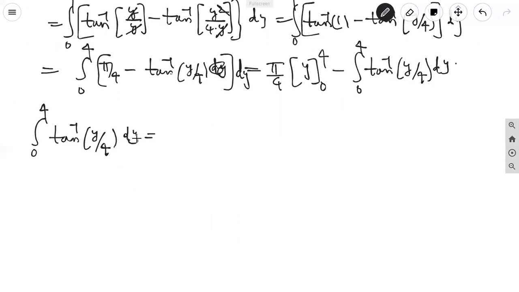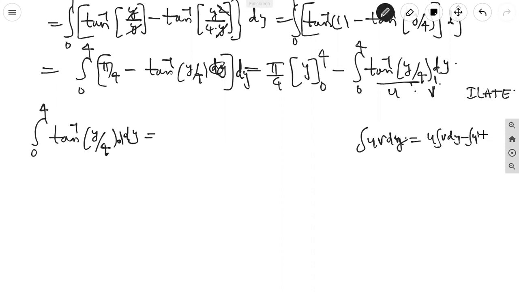Take the inverse function as u and the other function as v, so 1 is v, that is 1 dv. We know that integral uv dy is equal to u integral v dy minus integral of u dash integral v dy, whole dy. That is the by parts method, the uv method.